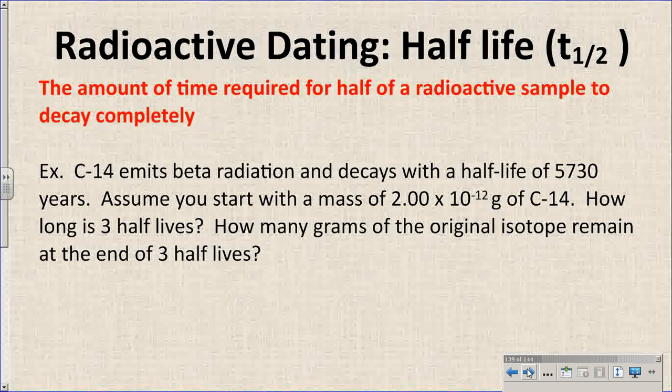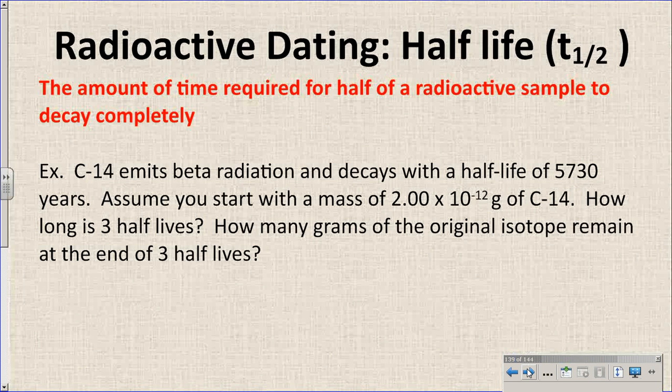Okay, last topic, okay? Radioactive decay. So, I know, we've been talking about that this whole day, but the calculating aspect of it, the half-life of it. So this piece right here, you definitely need to know the definition of it now.